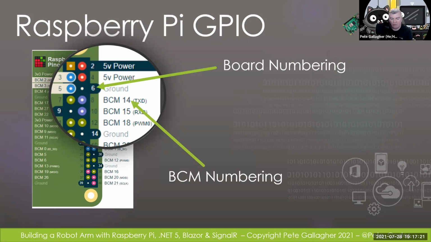And then there's also this BCM numbering scheme, which is referencing the I/O chip that drives the GPIO. And I recommend that you don't use that numbering scheme, because then you're having to convert from one numbering scheme back to the pins. We can all count the pins on the Pi, so long as you can see that square pin in the top left is pin 1. And then next to it is pin 2, and beneath it pin 3 and pin 4 and onwards. So once you know that, counting the pins is easy. Losing count is hard, but you can count them. It's fine. Count backwards from 40 if you need to.